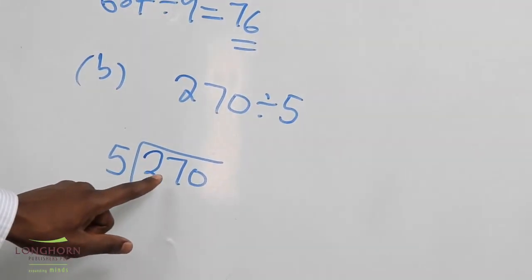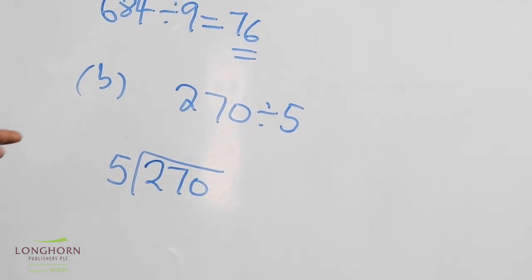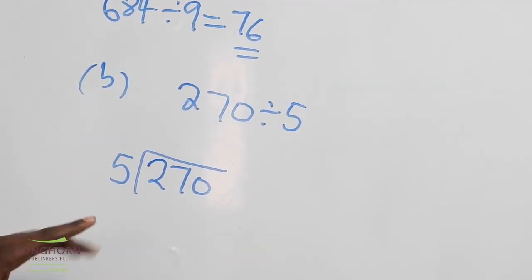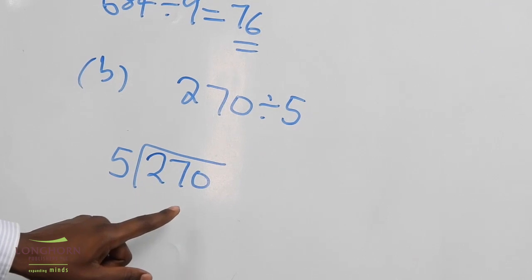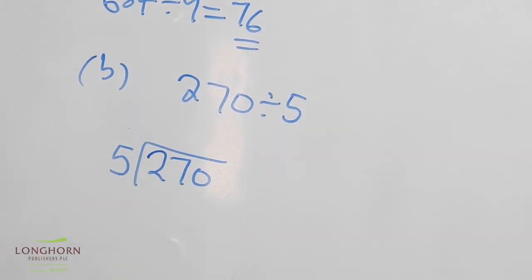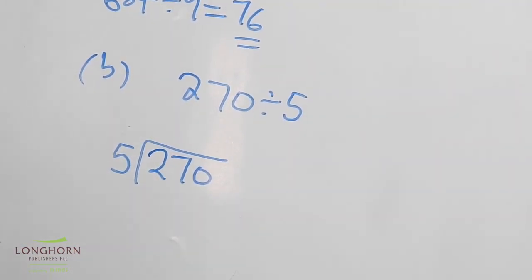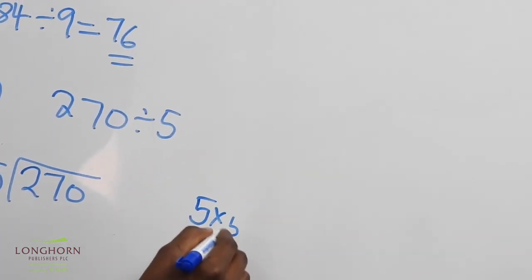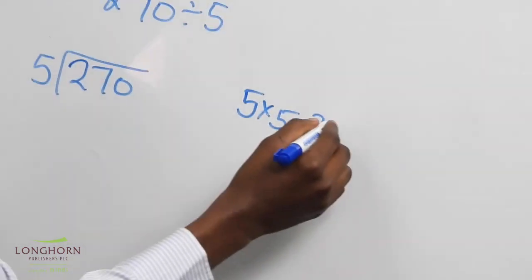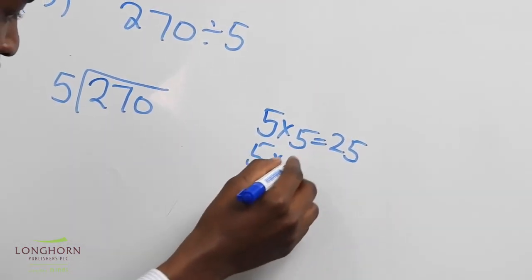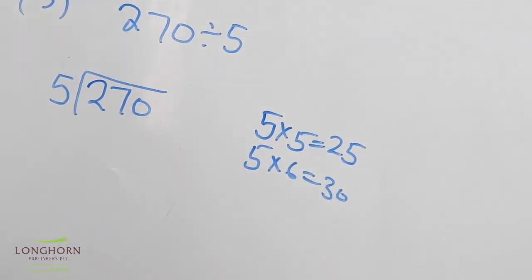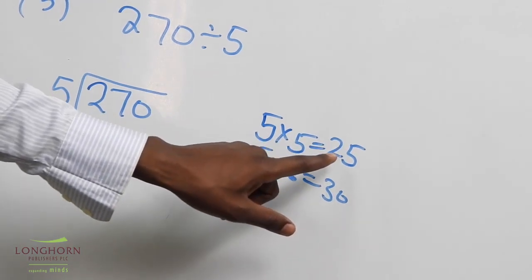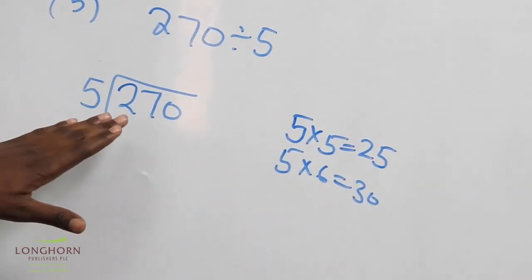5 divides into 2 0 times, but we don't write that 0. Instead, we combine 2 with the next number to have 27. So, using the multiplication table for 5, we know that 5 times 5 is equal to 25. 5 times 6 is equal to 30. So 25 is the next number that is closer to 27.